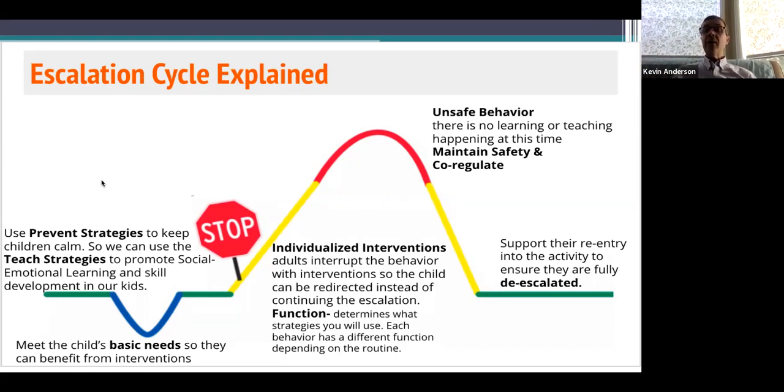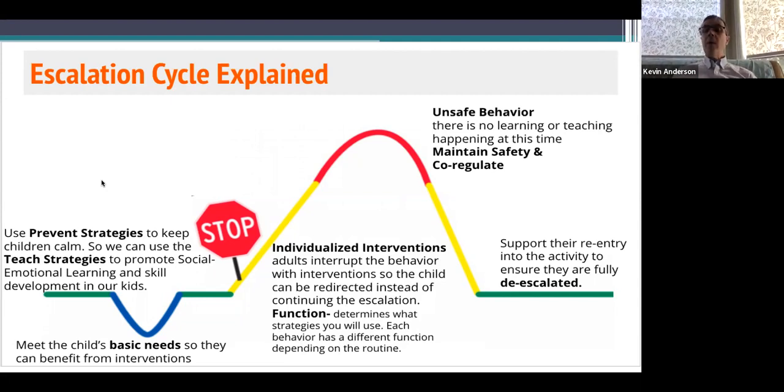After a child has engaged in that challenging behavior or that unsafe behavior, it takes time for them to calm. Again, this is a time, the second yellow zone on the second part of the cycle, this is not time when we are teaching yet.